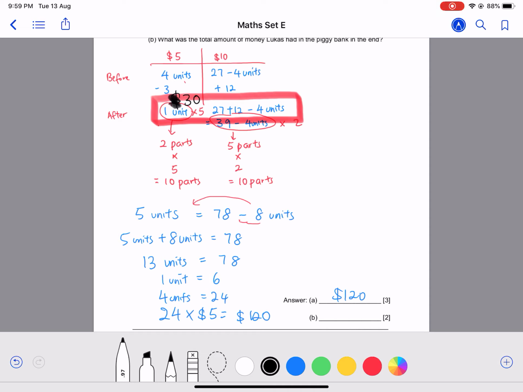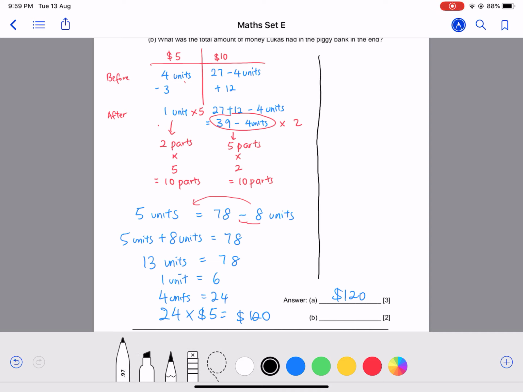What about this 39 pieces? It can get a bit confusing because I'm very messy over here. Let's just do it in a very organized manner. We know that 1 unit is 6. $5 will be 6 times $5, which is $30.